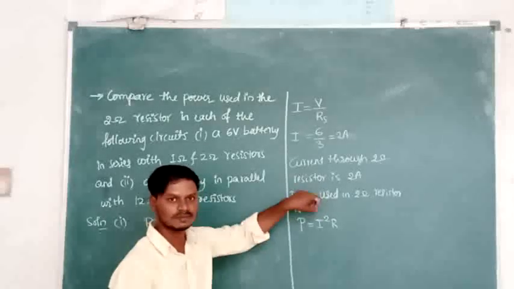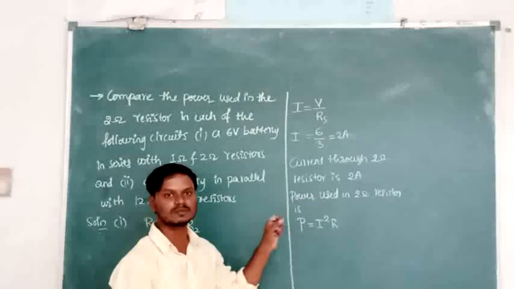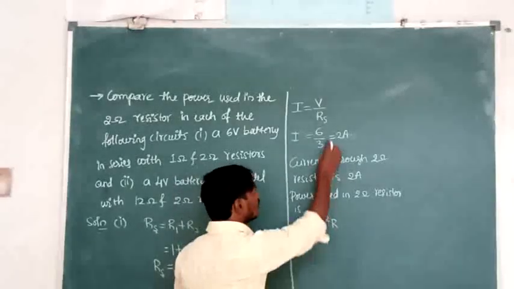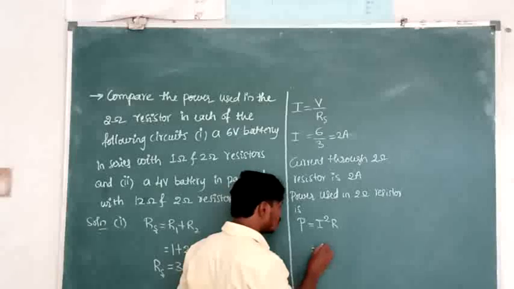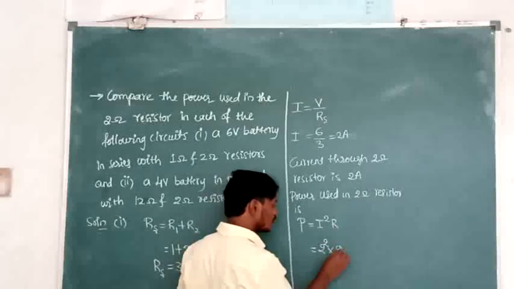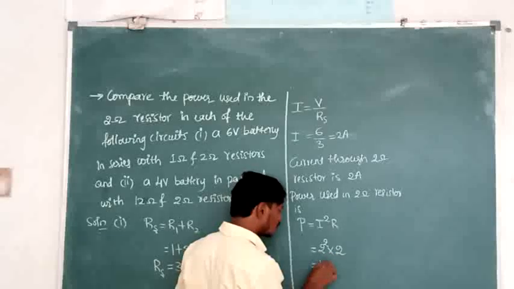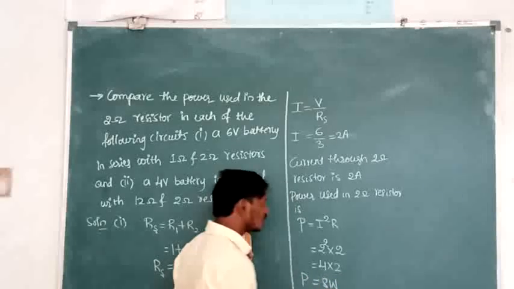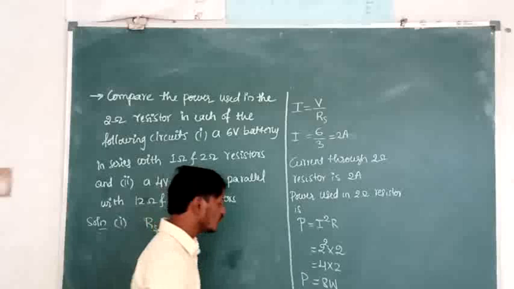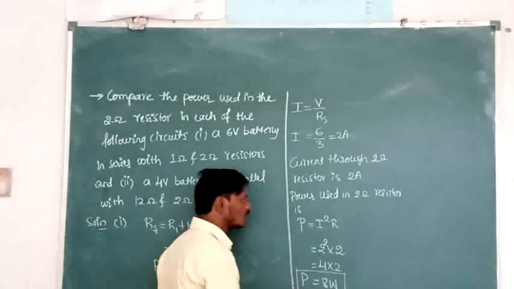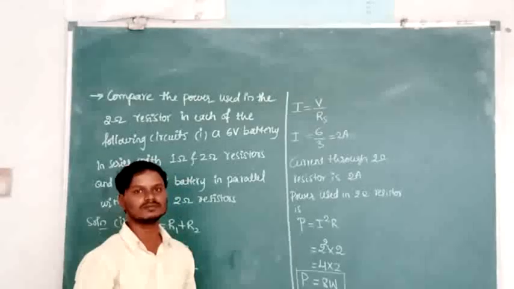If the current is same, which formula are we going to use to find the power? That is P equal to I square into R. Then I got how much? I is 2, square. What is the resistance of the resistor here? 2 ohm. So 2 square is 4. 4 into 2, that is 8 watt. What is the power used in 2 ohm resistor in series combination? That is 8 watt.